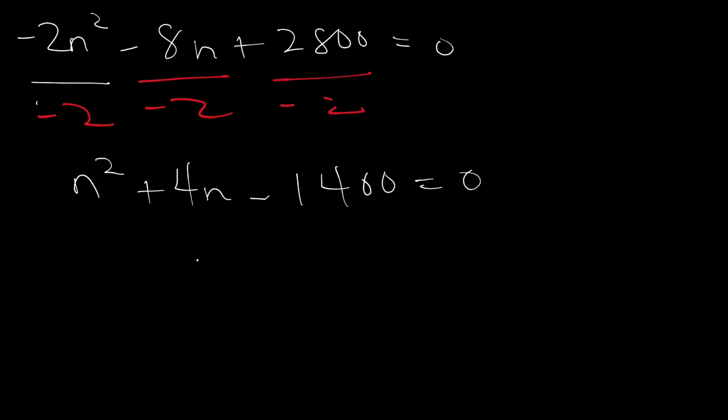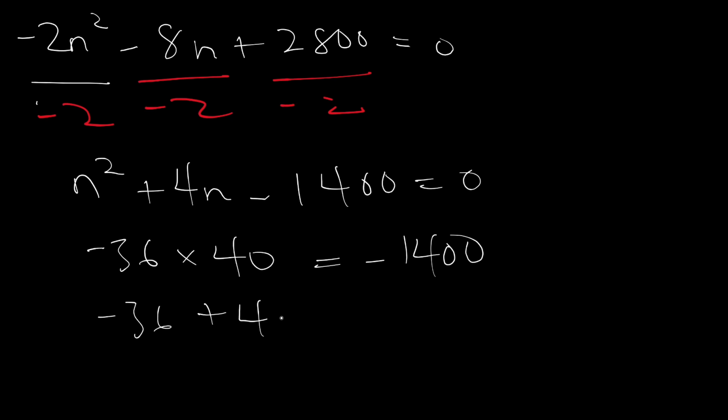So we factorize. We look for two factors. When we multiply, we get negative 1440, and when we add, we get 4. So we can go for negative 36 and 40, which give us negative 1440. And when we add negative 36 plus 40, we get 4.